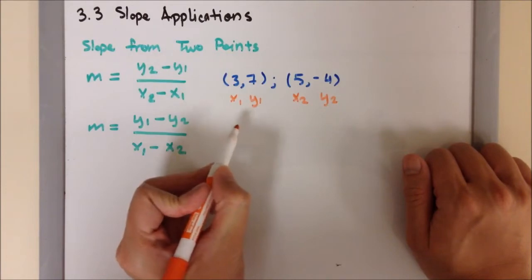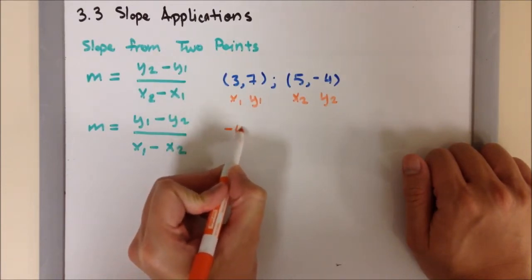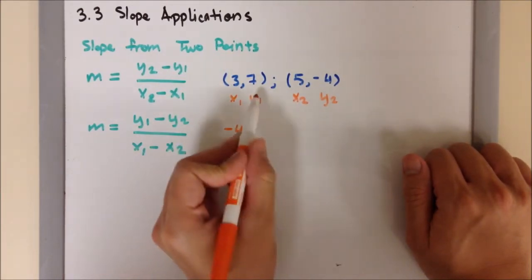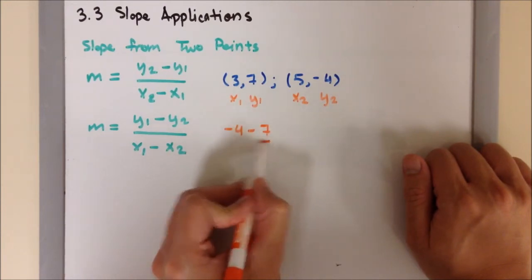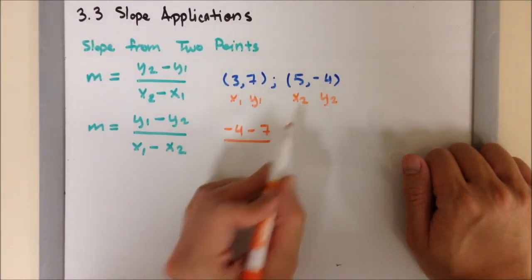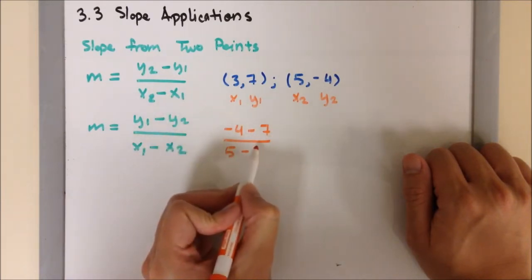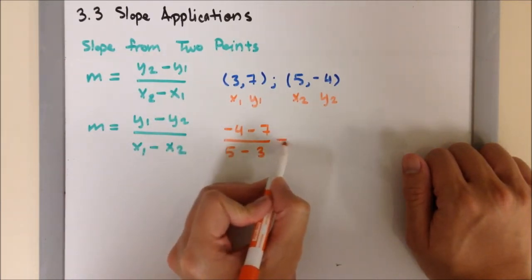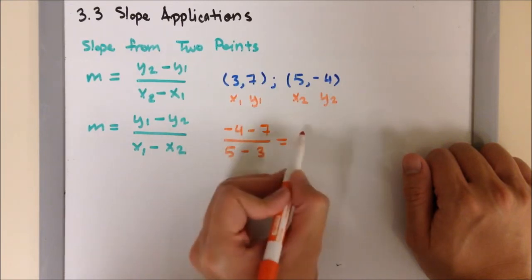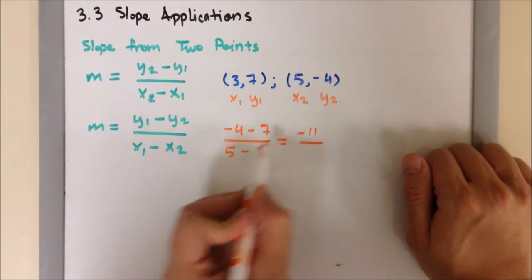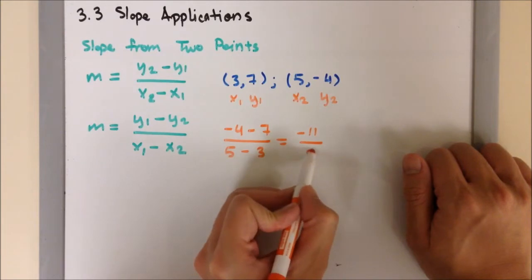So y2 comes first, so -4, and then minus my 7 over my x2, which is 5, minus x1, which is 3. So we simplify. -4 minus 7, that would be -11. 5 minus 3, that would be 2.